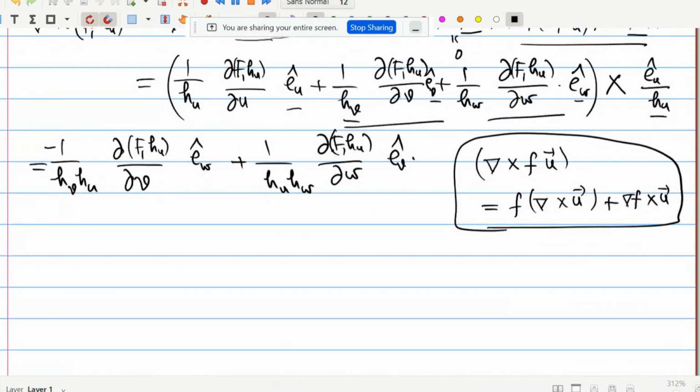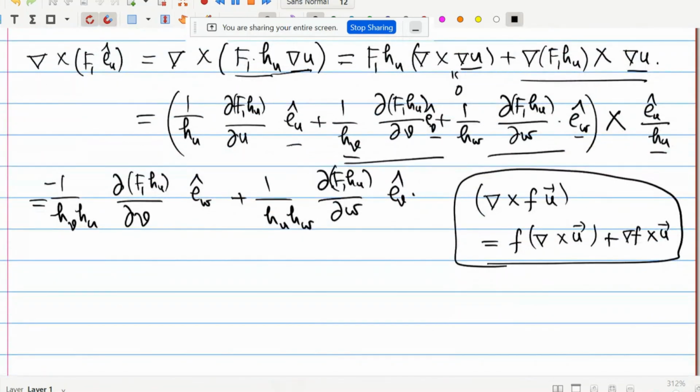Similarly, for the F2 EV cap term, I will write one and you write the other. Which one is minus and which is plus, you need to be a little careful. I'm writing directly.